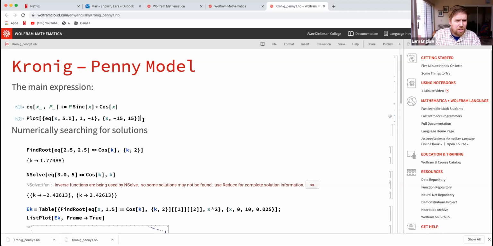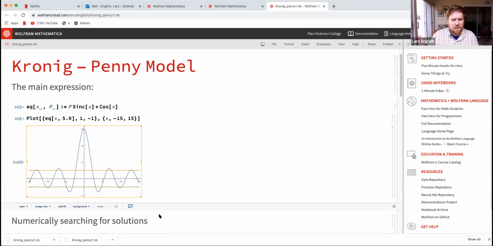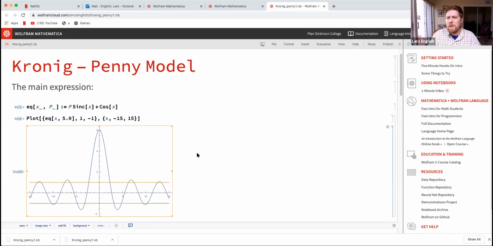And on top of it, I'm also going to put the +1 and -1 horizontal lines there as well. So let me execute that, shift enter, and I'm going to get this graph here. Hopefully you'll get something similar on the homework.